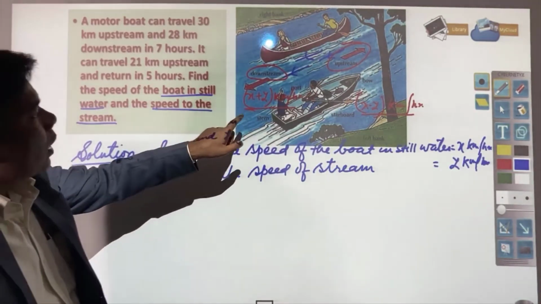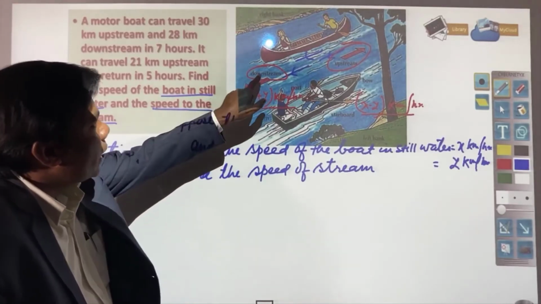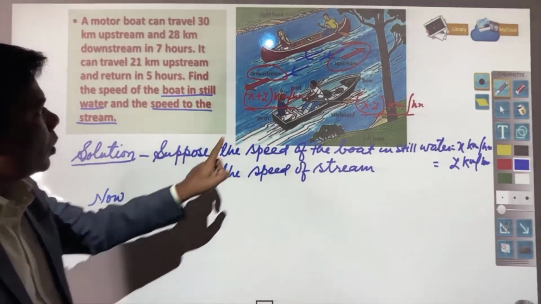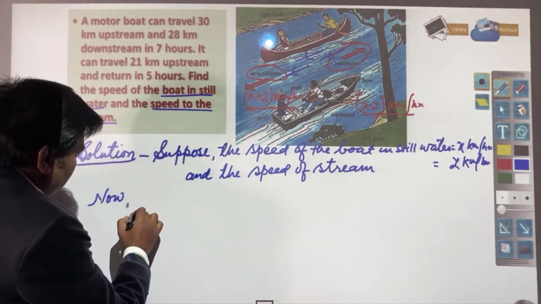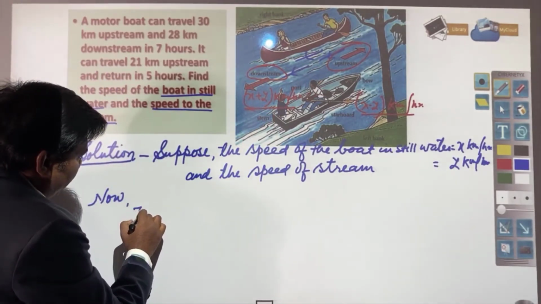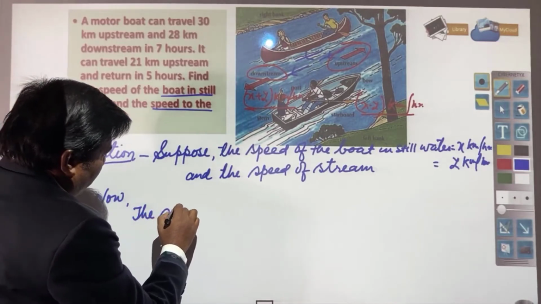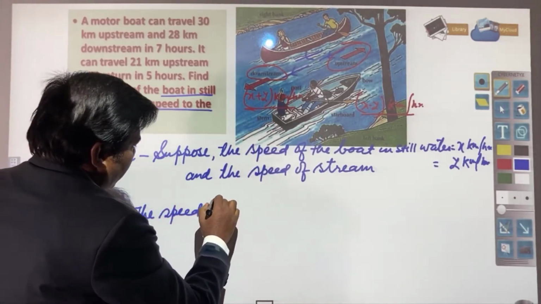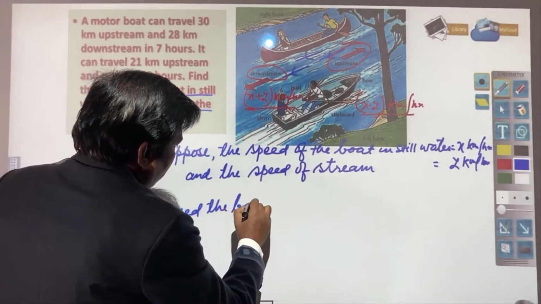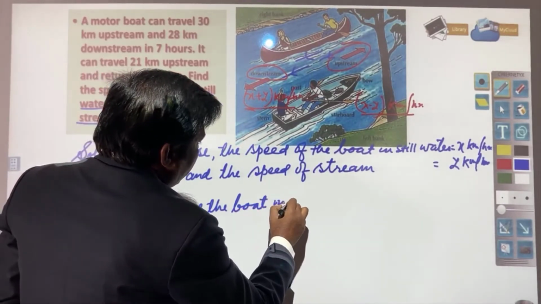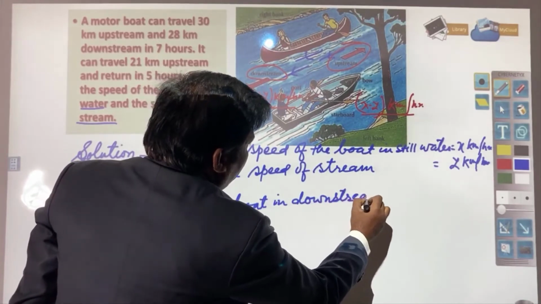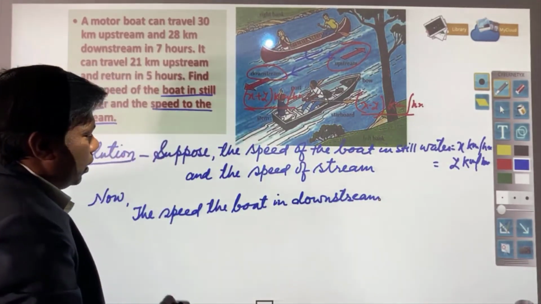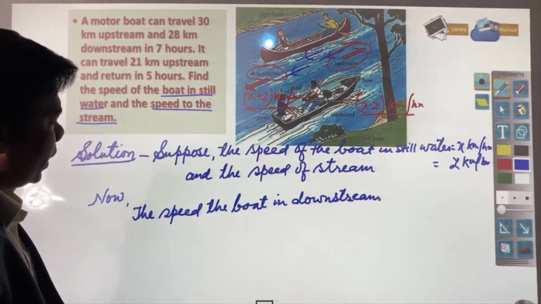Now you need to write the speed of the boat in downstream and the speed of the boat in upstream. Already I have explained this while explaining this exercise.